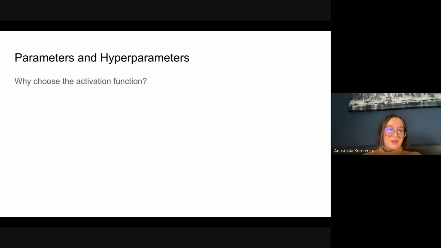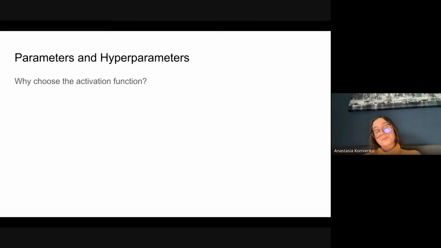And the question is, why choose the activation function? Why not just use the one that I told you about, like sigmoid? As I said, the sigmoid function is basically for binary classification, but each activation function has its own issues, and a new one was created to fix the issues of the previous one.